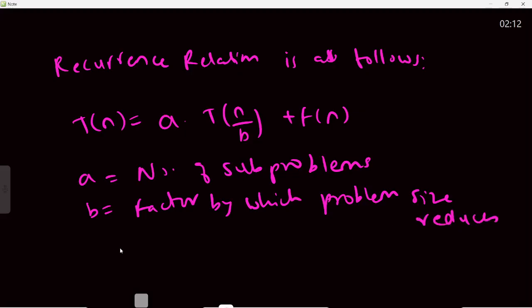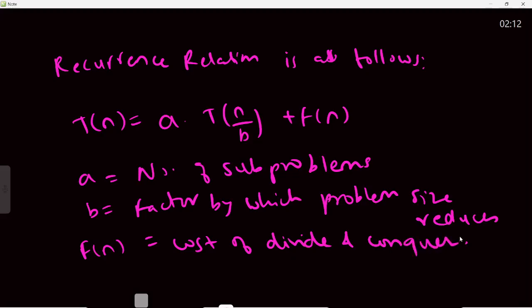And what is this f of n? F of n is the cost of divide and conquer, because time is also required to split the problem into subproblems, and after getting their outputs, we need to merge them, so this is the cost.